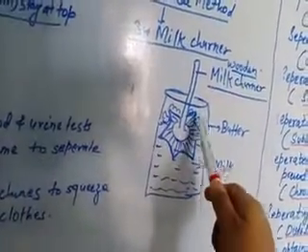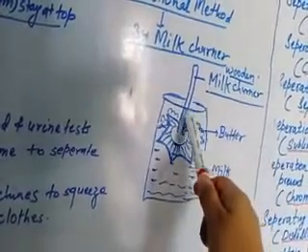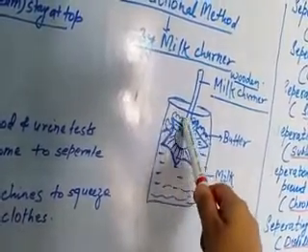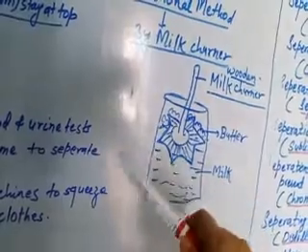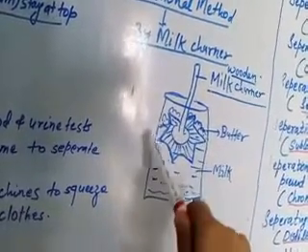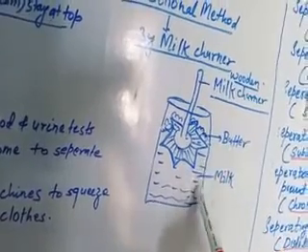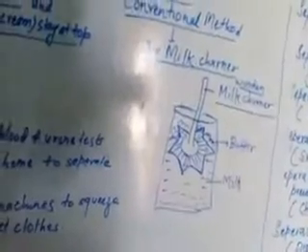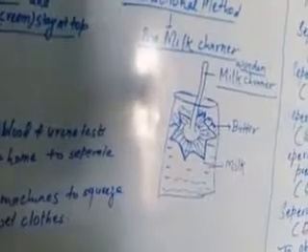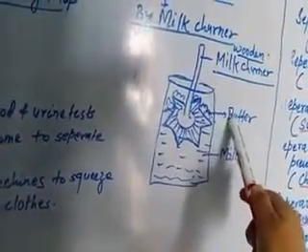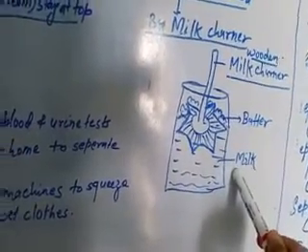After a long time you could see a spun-like or float-like substance on the surface of the milk, and that is nothing but the butter separated from the milk. So that's how they used to separate the butter component from the milk component.